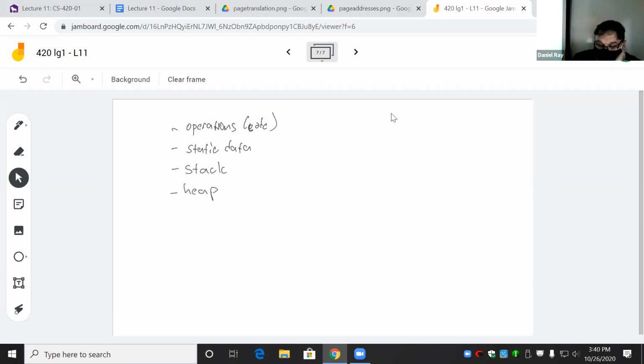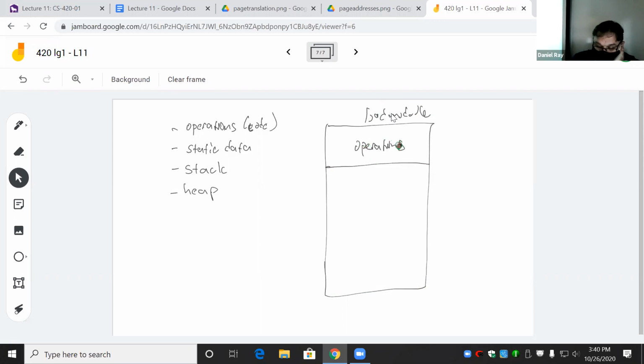Now, normally, when we think of this as a single load module, it's very common for us to put all the operations up front, then the static data together, and then the stack together, and then the heap together.